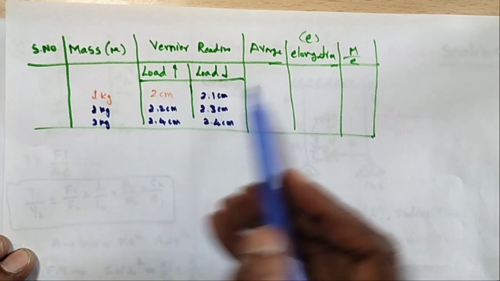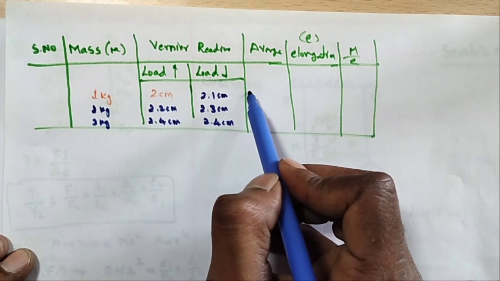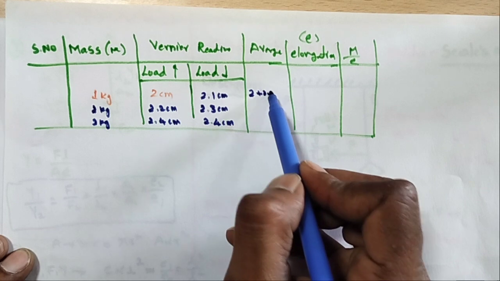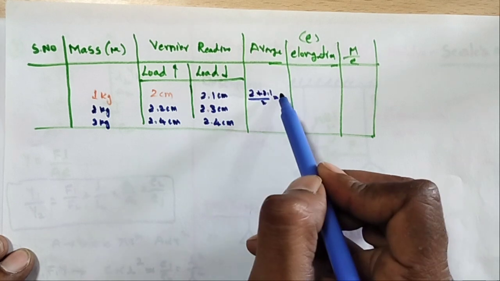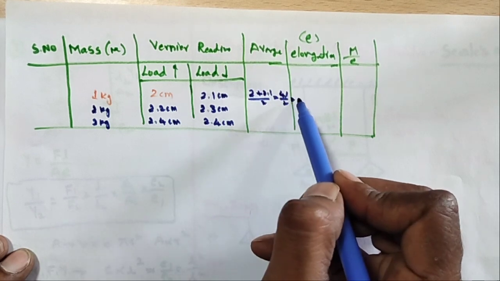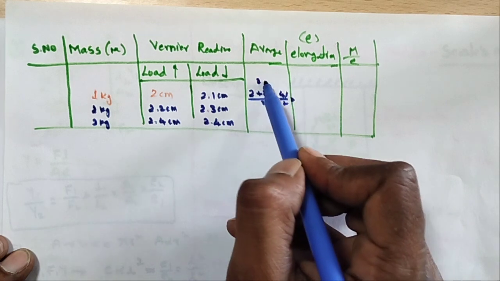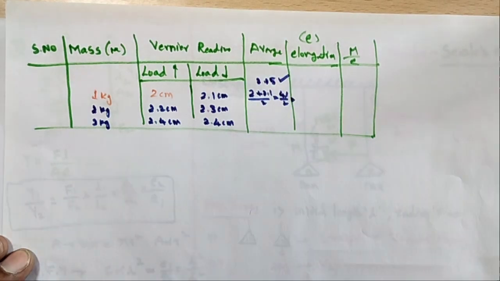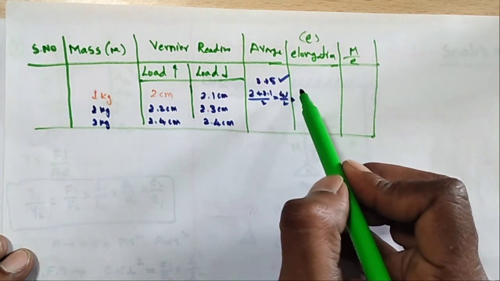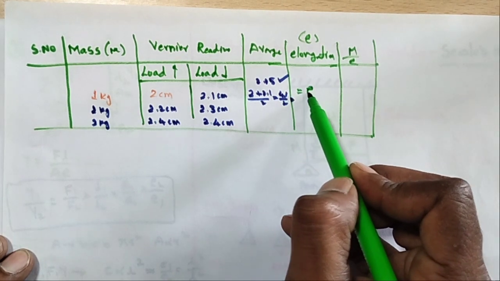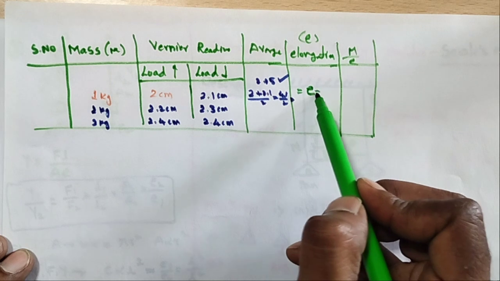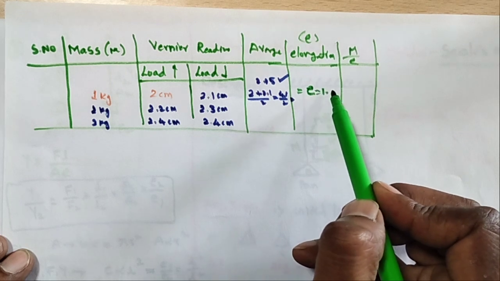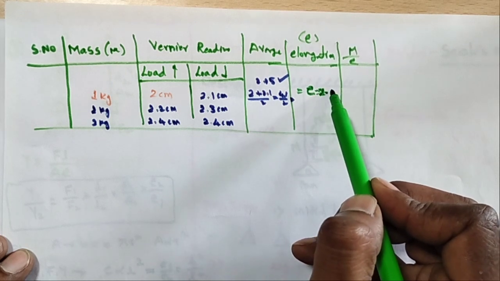After that, how to calculate the average? 2 plus 2.1 by 2, that is 4.1 by 2, finally 2.05. So you can calculate all the average values. This average is equal to the elongation, small e. Here it is 2.05.